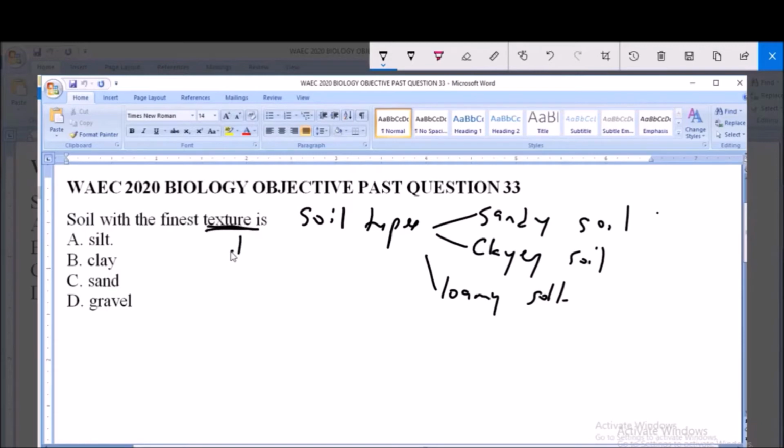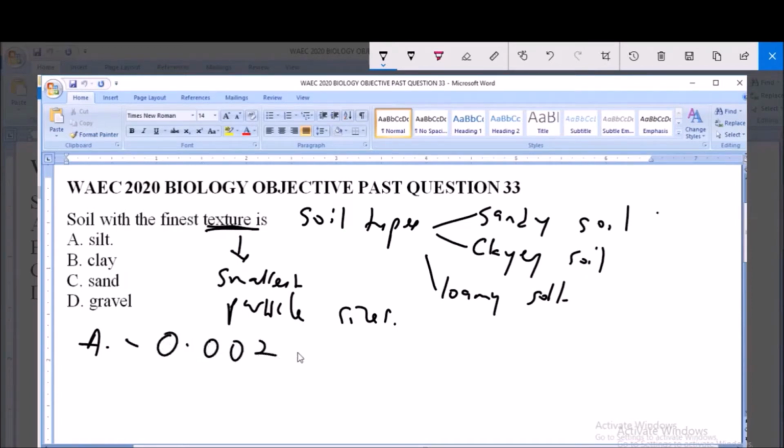So usually the one with the finest texture has the smallest particle sizes. So in order to pick out the one with the smallest particle size and then the finest texture, let's take a look at each of the particle sizes for each of the options. So for silt, which is option A, it has particle size of between 0.002 to 0.05 millimeter in diameter.